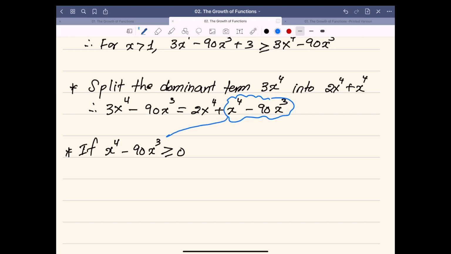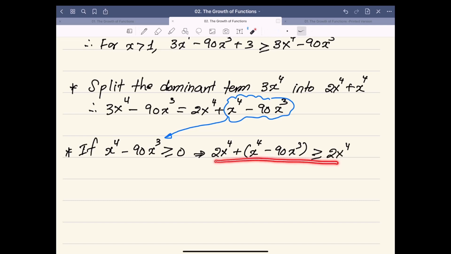So if this part is positive, then what will we conclude? We will conclude that 2x raised to power 4 plus, in a bracket, x raised to power 4 minus 90x raised to power 3 will be greater than or equal to this part, which is 2x raised to power 4.